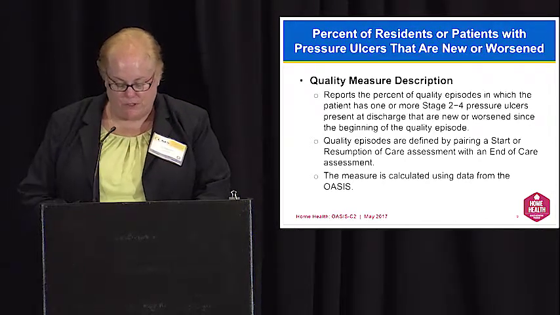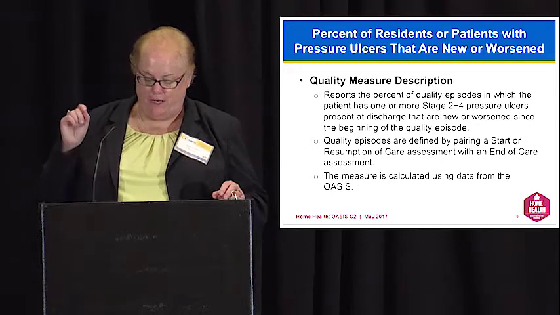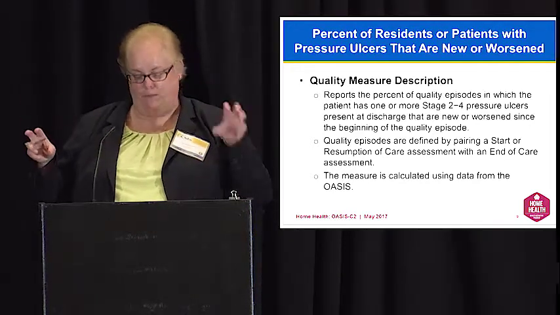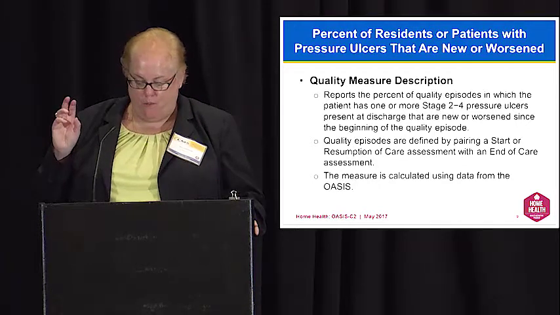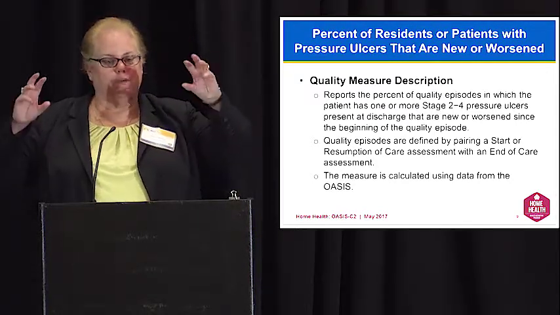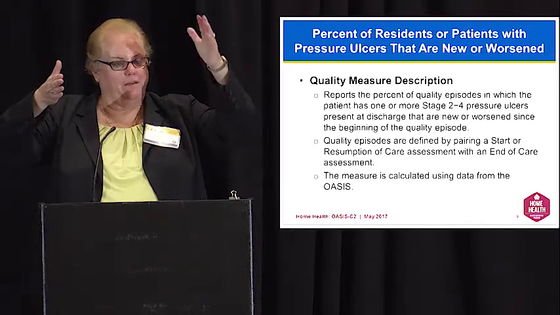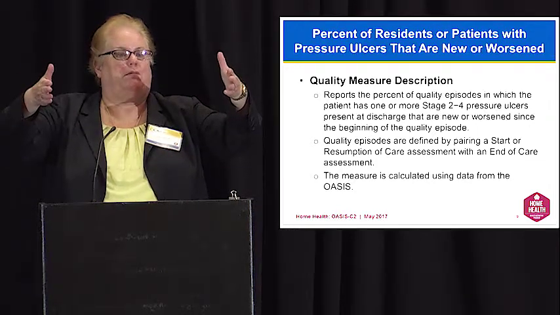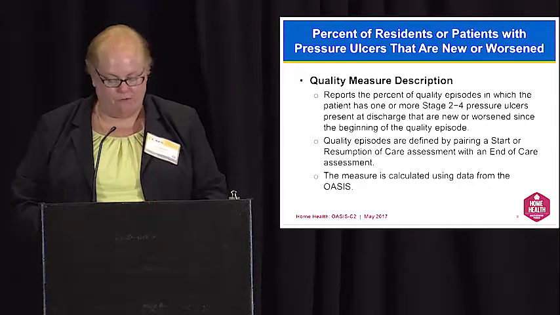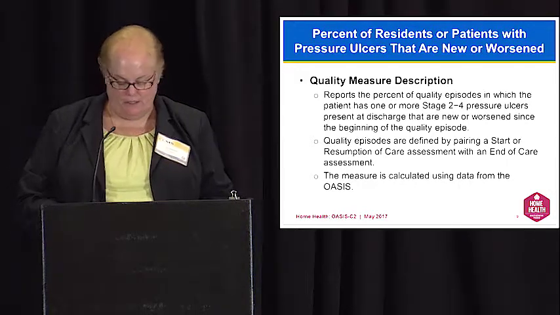And the quality episodes are defined as pairing a start, a SOC or a ROC, so start of care or resumption of care, with an end of care assessment. So we won't be looking at this measure until we have a quality episode, right? A beginning and an end of it. And the measure is calculated using data from the OASIS.